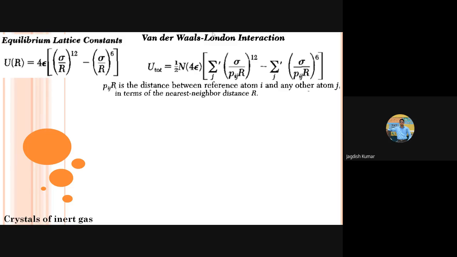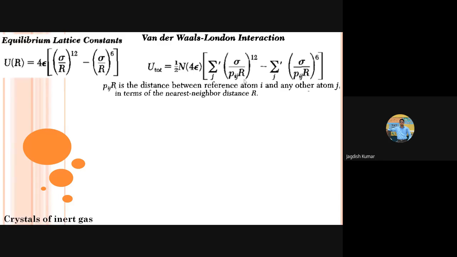Okay, so this is giving you the total potential energy for a system of n atoms of noble gas interacting with each other, and where R now is not this R. We are referring to the interparticle separation in terms of the nearest neighbor distance, small r.